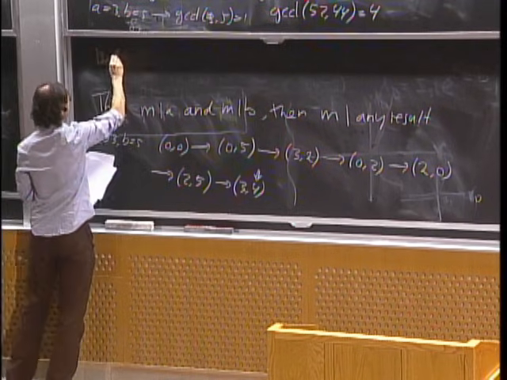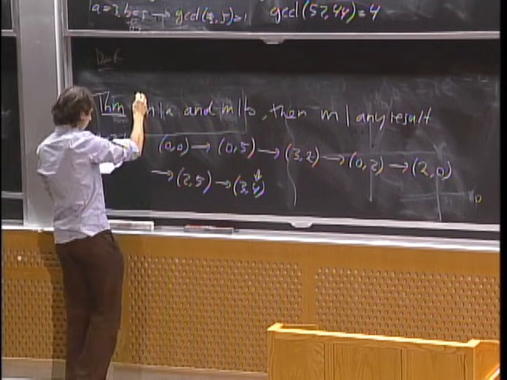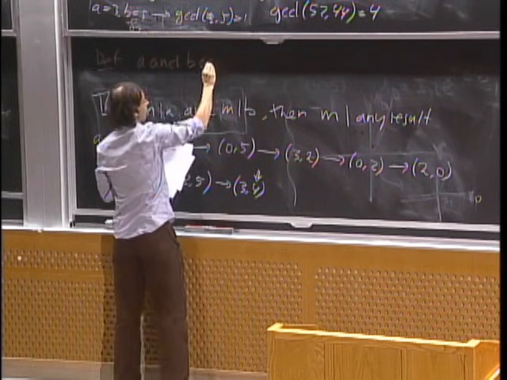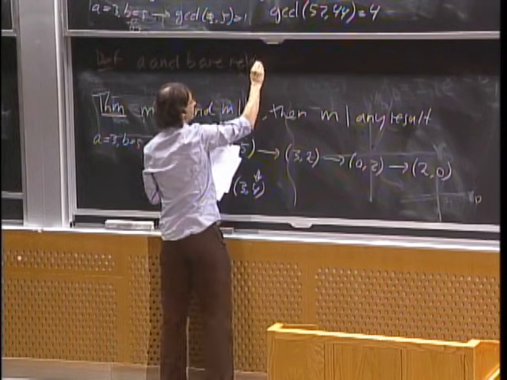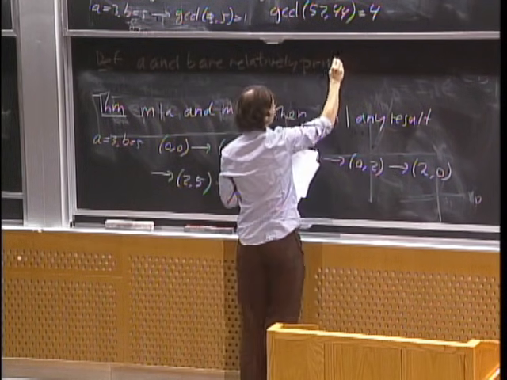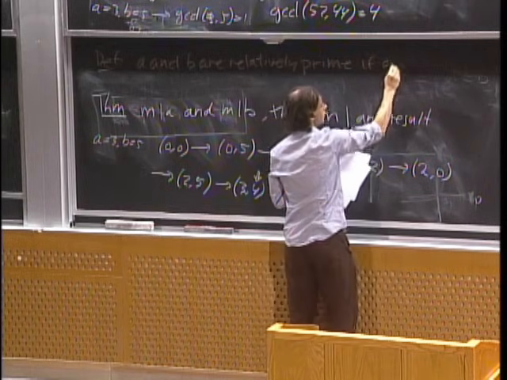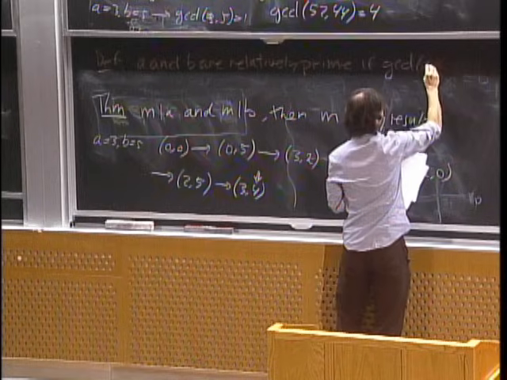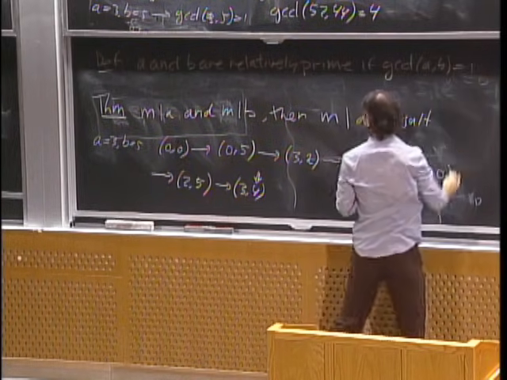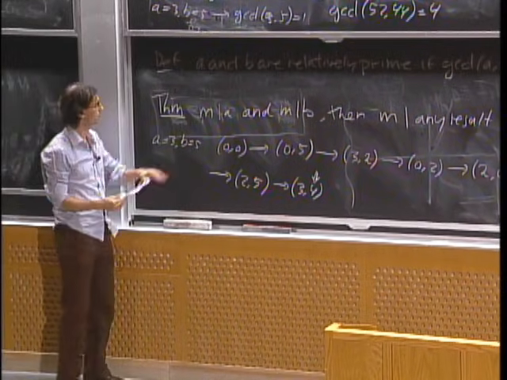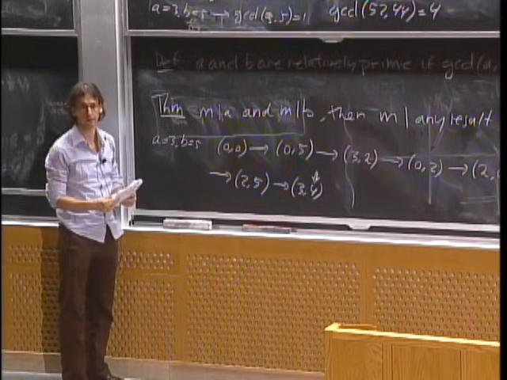That's another definition. We say that A and B are relatively prime if their greatest common divisor is equal to 1. Today we will not really use this definition so much, but it's very important, and we'll come back to this next lecture.